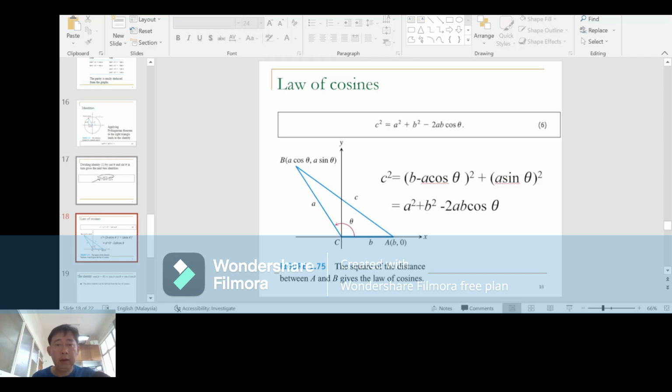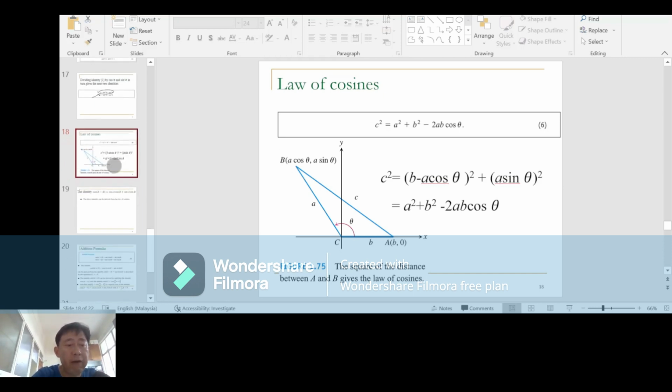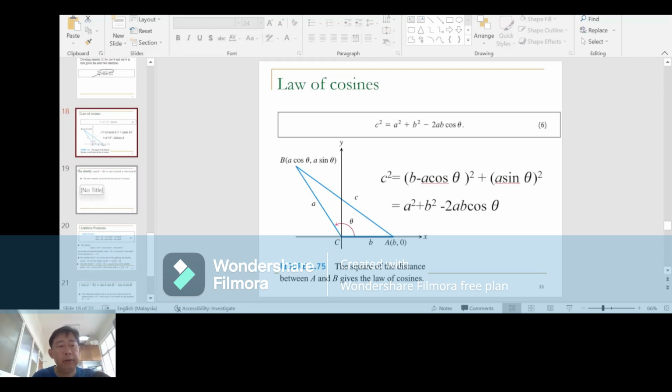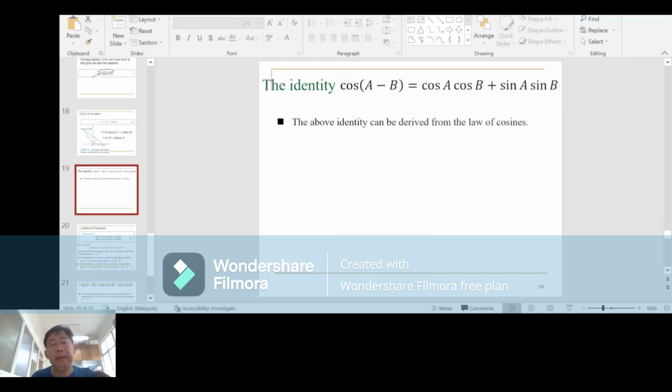So with the law of cosine and sine, you can derive another very important fundamental identity, that is the cos of the difference between an angle A and angle B. This could be easily obtained by applying the law of cosine.